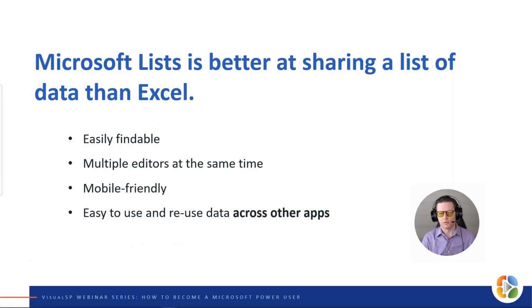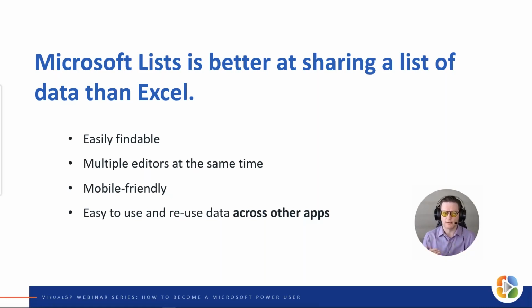There we go. So in our previous episodes in our series here, we've talked about how Microsoft Lists is better at sharing a list of data than Excel is. Excel is great. I'm not an Excel detractor. I love Excel. But if you're trying to share a list with a group of people, multiple editors and things like that, it's just much easier to do that online than in an Excel file.